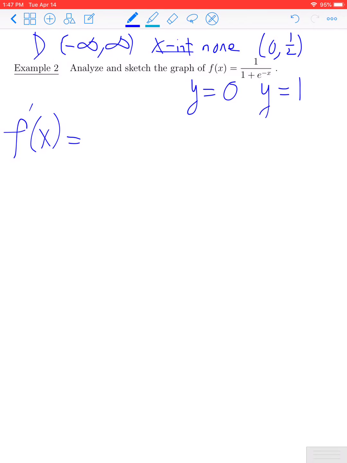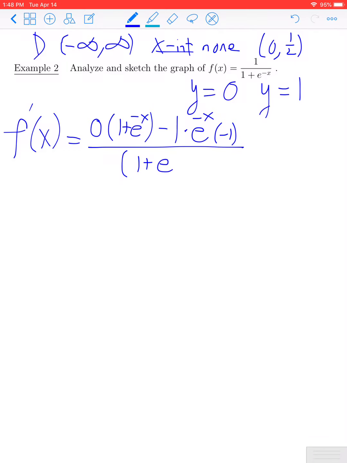The derivative of the numerator is 0 times the denominator, minus the numerator times the derivative of the denominator. That's going to be e to the negative x times negative 1, all divided by the denominator squared, 1 plus e to the negative x, squared.